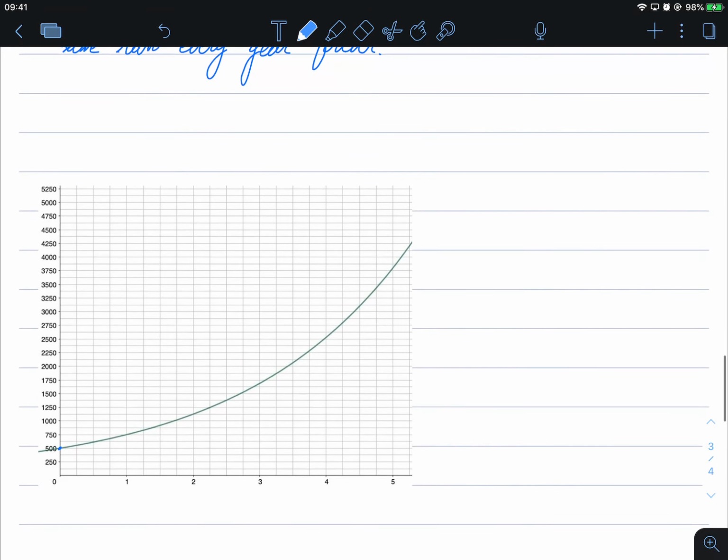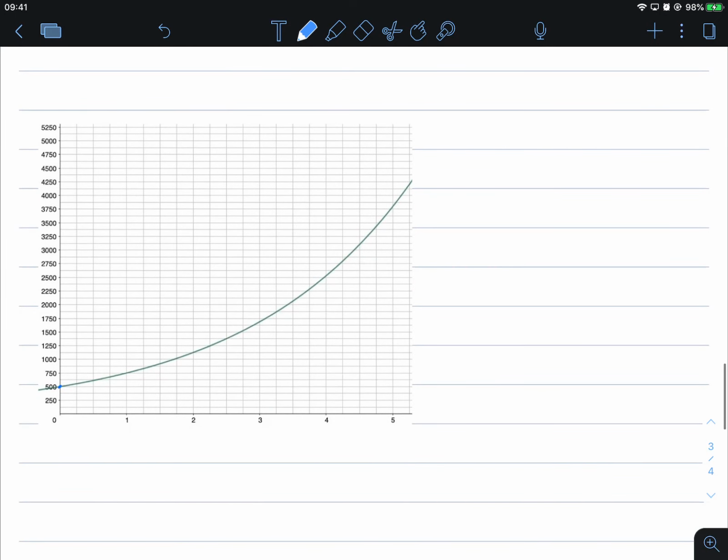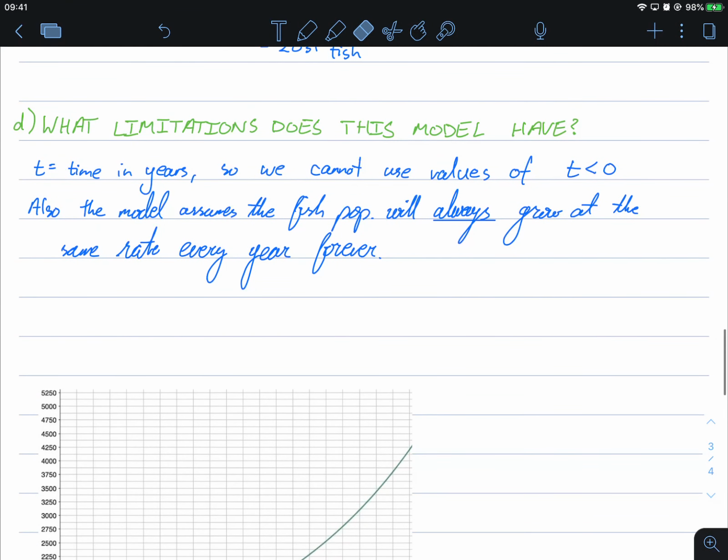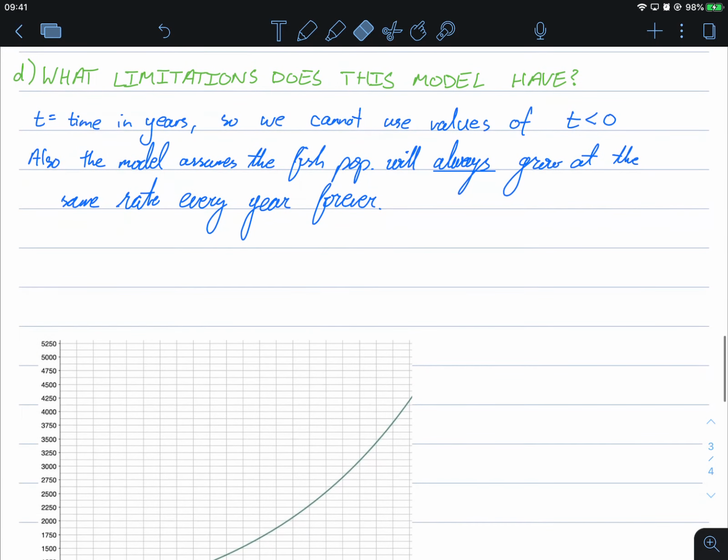Okay, so this model doesn't stop at any given time, and it assumes that the rate of growth between 2 and 3 years will be the same from 3 to 4 years. But you don't know whether or not a storm hits, or if the pond gets, I don't know, polluted or something.